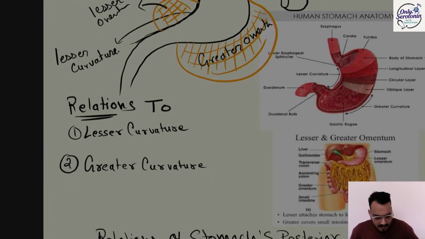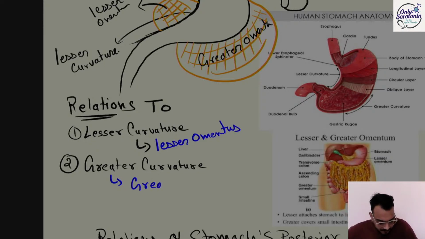So on the lesser curvature I am having only one thing, and this thing is the lesser omentum, and on the greater curvature I am having another thing, that is the greater omentum.